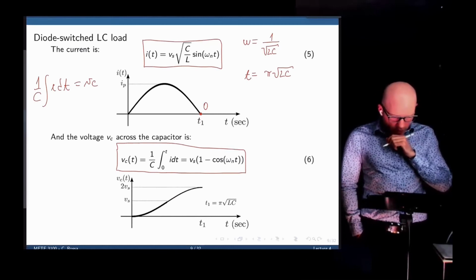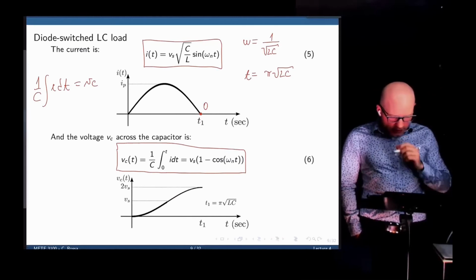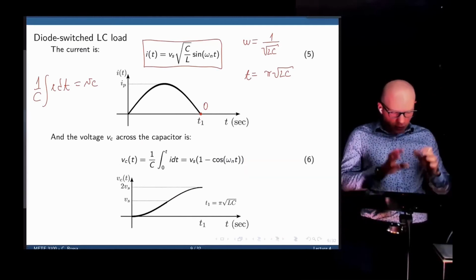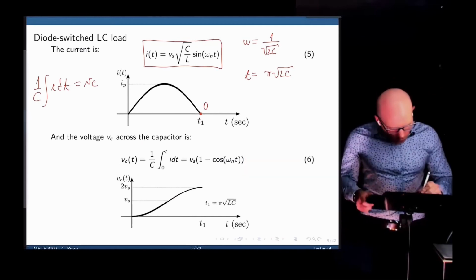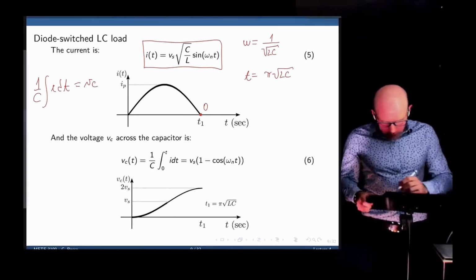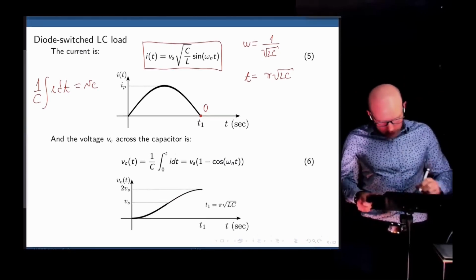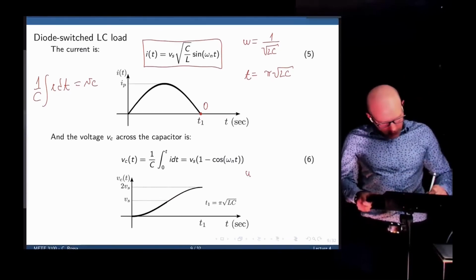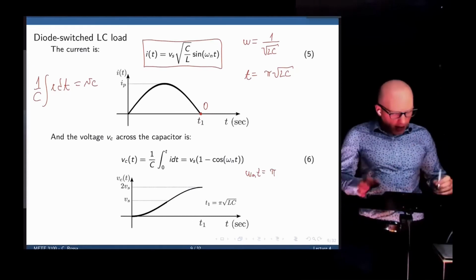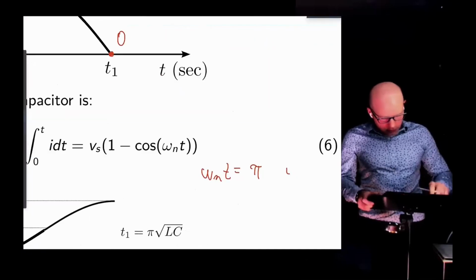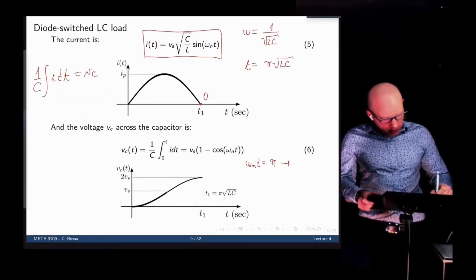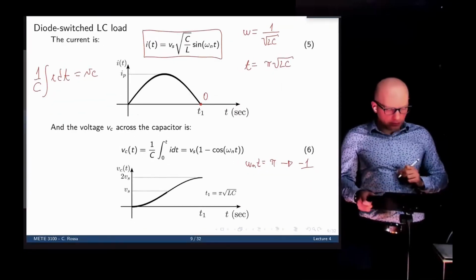We see that when we start at time equals 0, this goes to 0. And when omega n t is equal to pi, this gives cosine of pi and everything tends to -1.